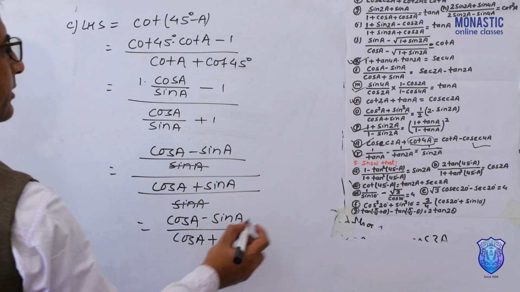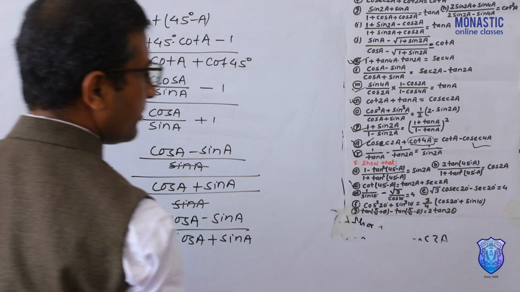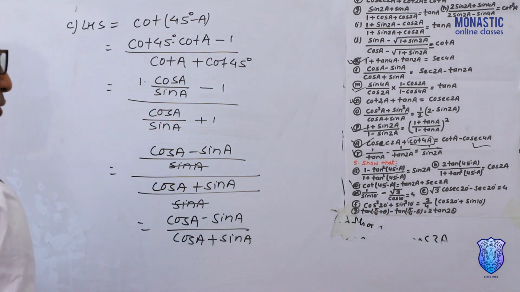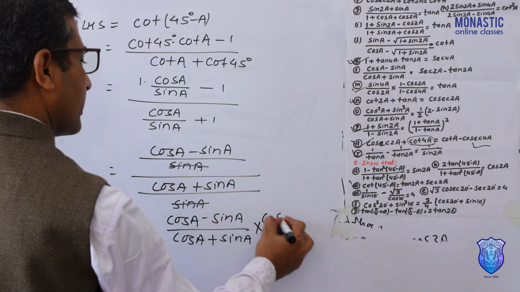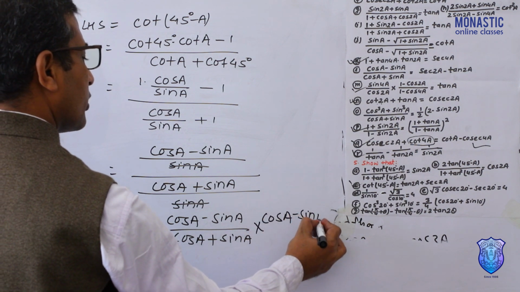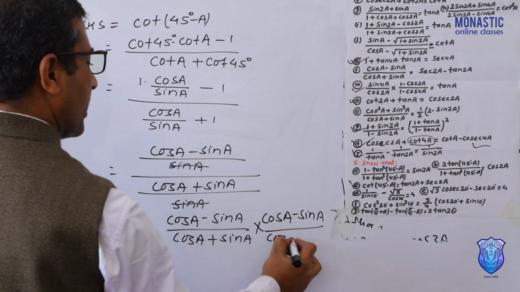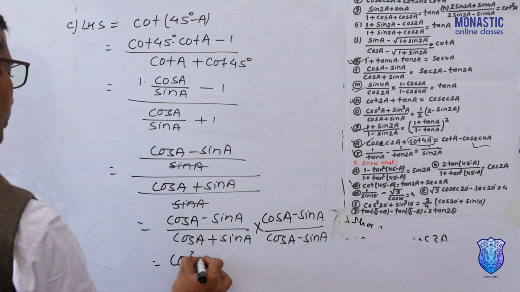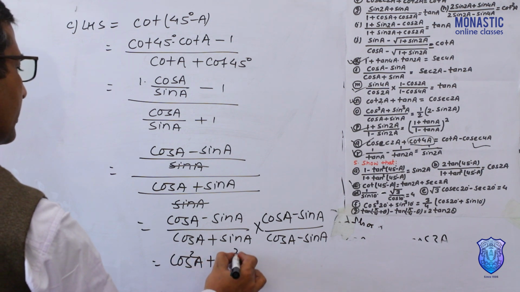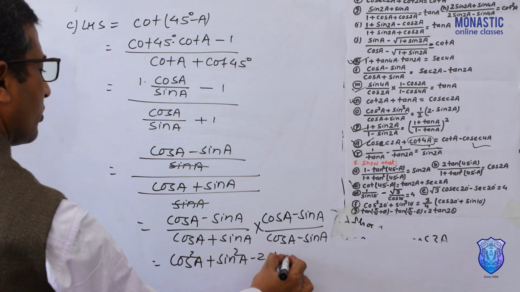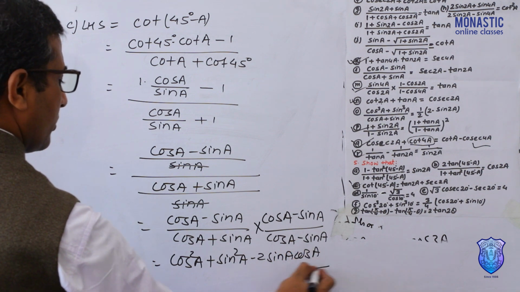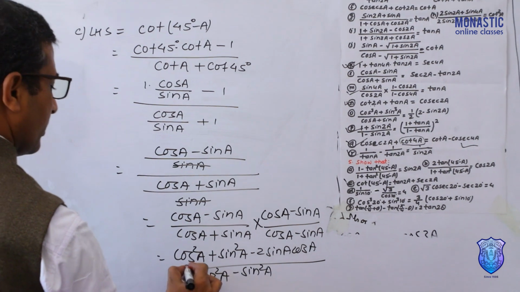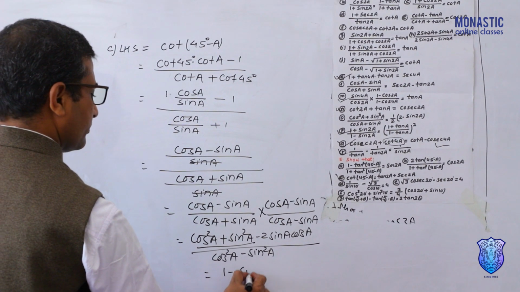When you look at the RHS, your result is tan 2a, sec 2a. When you solve that, in the denominator it must be cos 2a. For this, we have to multiply numerator and denominator with cos A minus sin A. That is cos squared A plus sin squared A minus 2 sin A cos A by cos squared A minus sin squared A. This whole became 1.